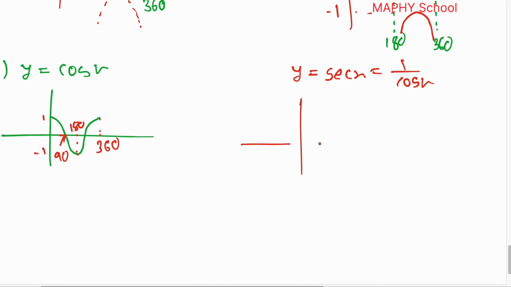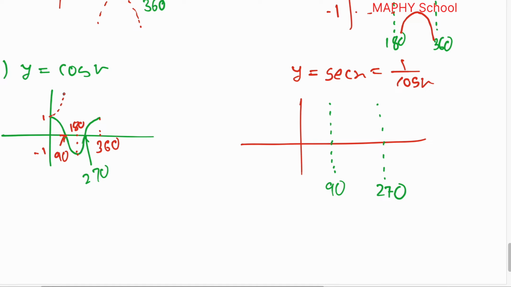So it's something like this, x-axis, y-axis. Here the y equals cos x curve cuts the x-axis at 90 and 270. That means there will be asymptotes at 90 and at 270. So a curve will be like this.